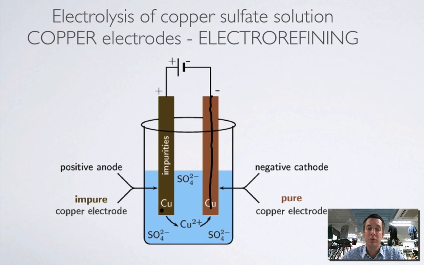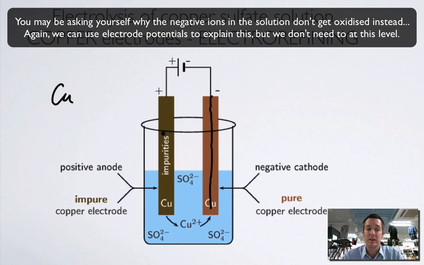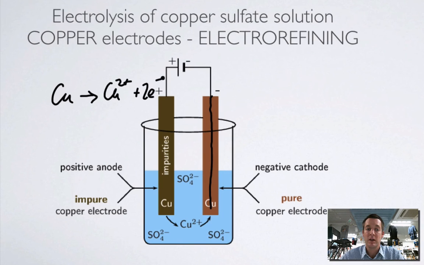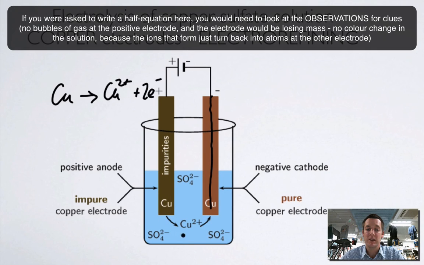If you had an impure lump of copper as your anode, your positive electrode where oxidation is going to happen, then the copper atoms in this electrode could lose electrons, they could be oxidized, they could turn into copper ions, and these copper ions could then make their way to your other electrode.